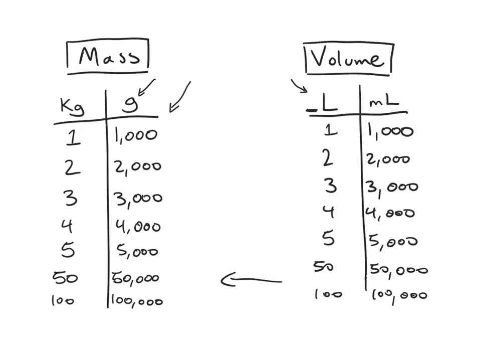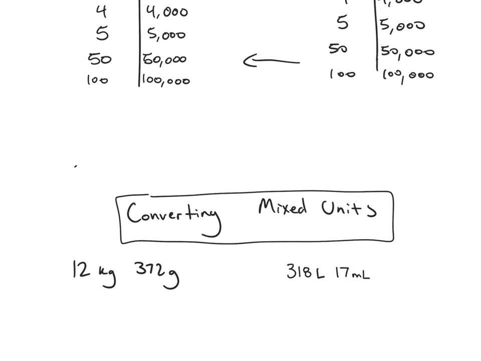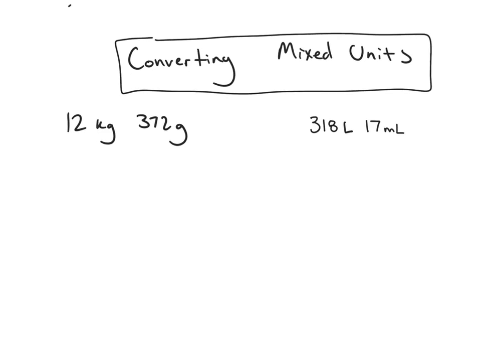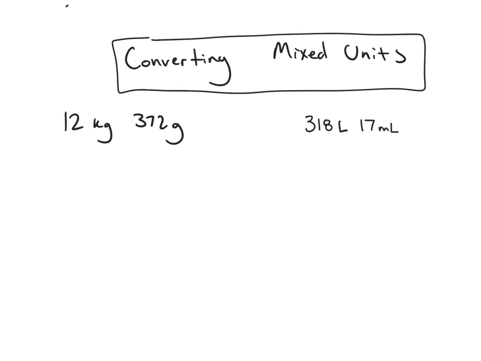So using those relationships, we're able to easily convert mixed units into single unit measurements that are represented in the smaller unit. So we have 2 mixed unit measurements here. I'm going to start with the measurement for mass right here. We have a mixed unit measurement because we have kilograms, which is the larger unit, and grams, which is the smaller.